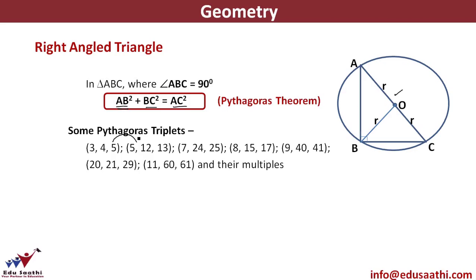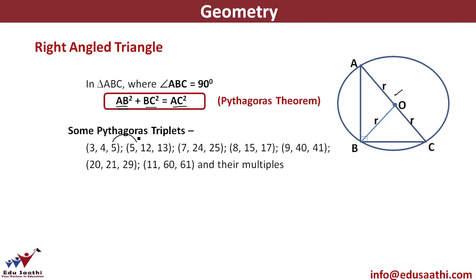The other standard ones are 7, 24, 25; 8, 15, 17; 9, 40, 41; 20, 21, 29; 11, 60, 61. If you remember these, they can help you solve the questions very easily. An important point to note is that any multiple of a Pythagorean triplet is also a Pythagorean triplet and will satisfy the Pythagoras theorem.